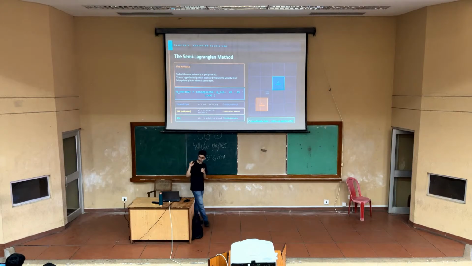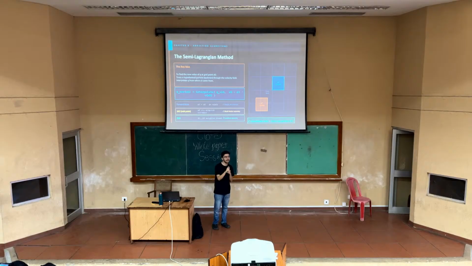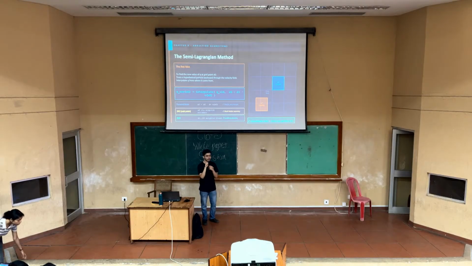The semi-Lagrangian method: the key idea is if we want to find the value of some property at a certain point, we find the velocity at that point and trace back a time step to find the property.